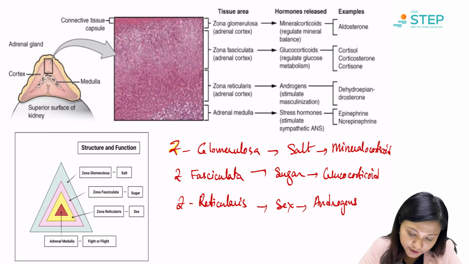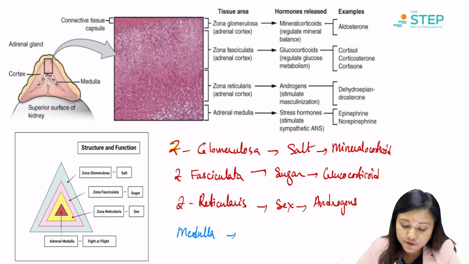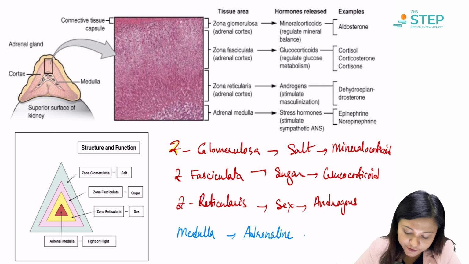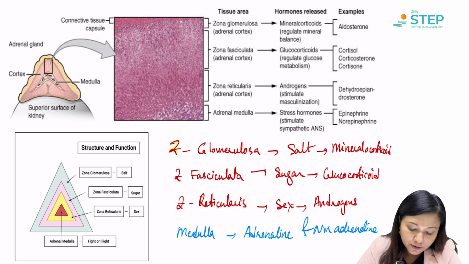And the adrenal medulla mostly secretes the stress hormone which will stimulate the sympathetic ANS, that is adrenaline or epinephrine, and noradrenaline or norepinephrine. Okay, so these are the things which are secreted by each zone.